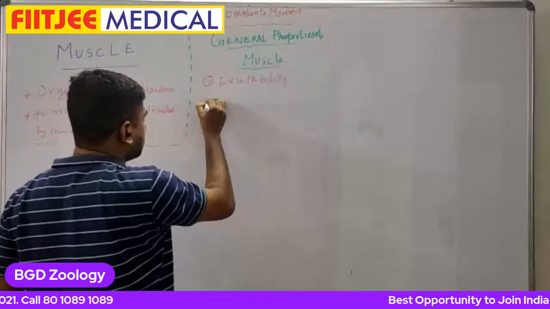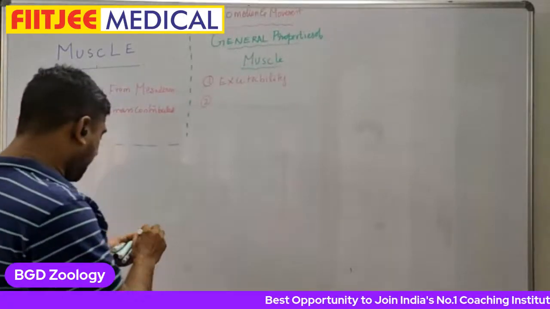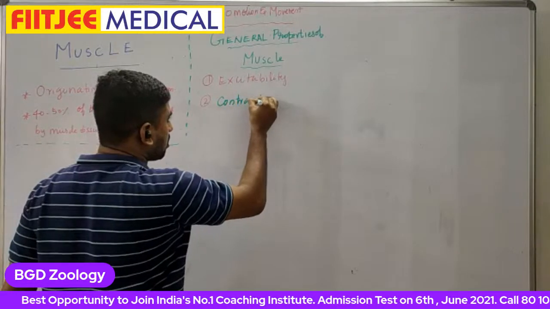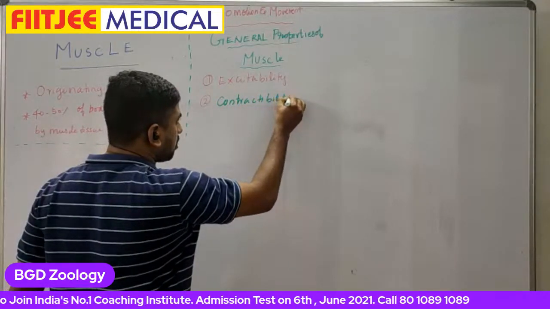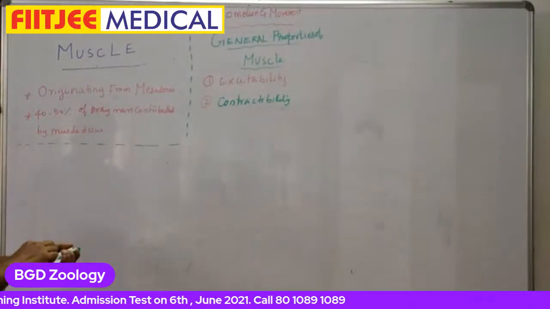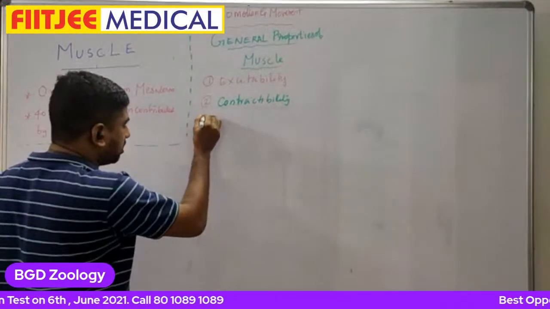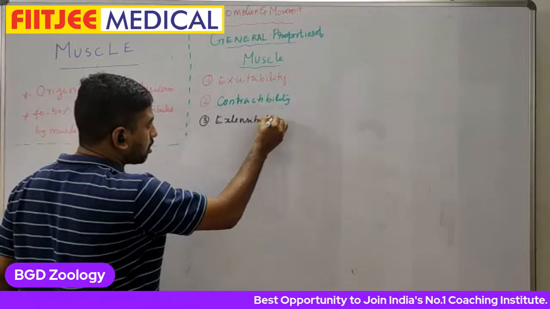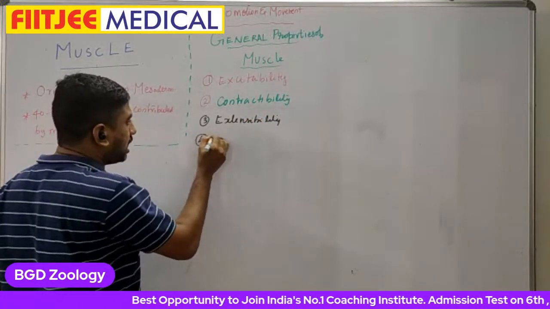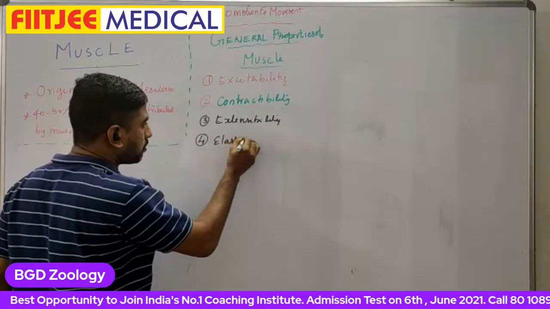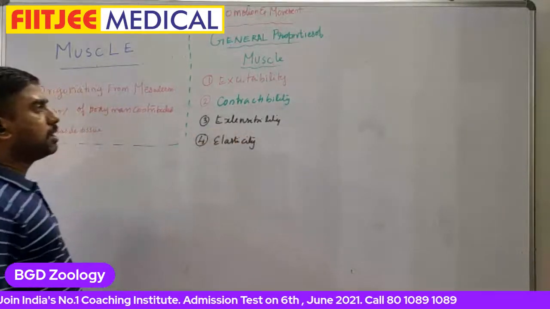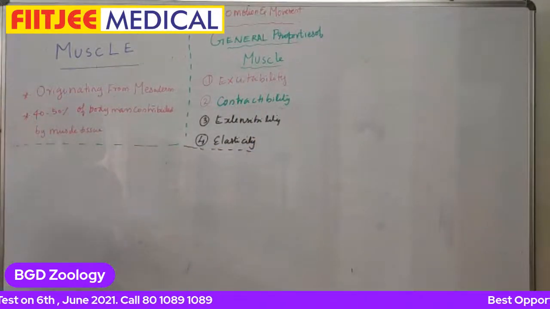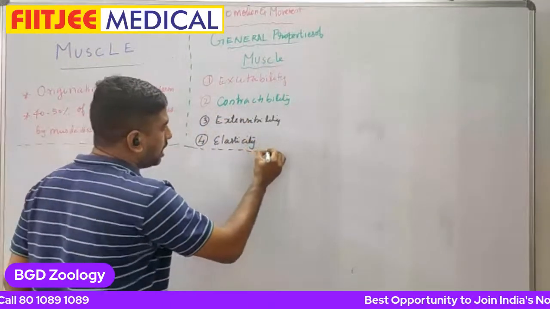I will explain what excitability is. The second is contractibility. They also have extensibility, and elasticity. So they have excitability, contractibility, extensibility, and elasticity.